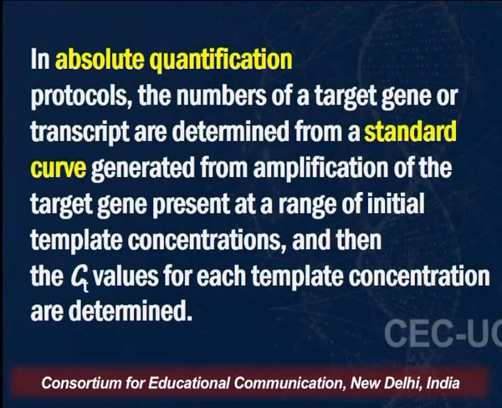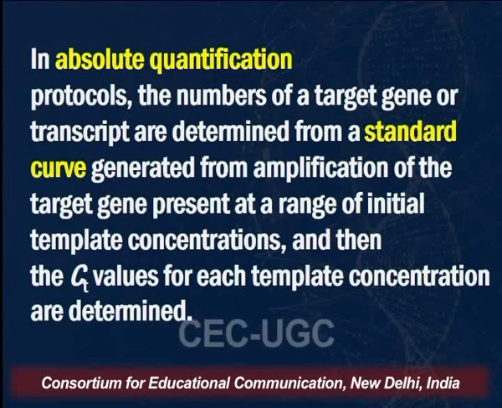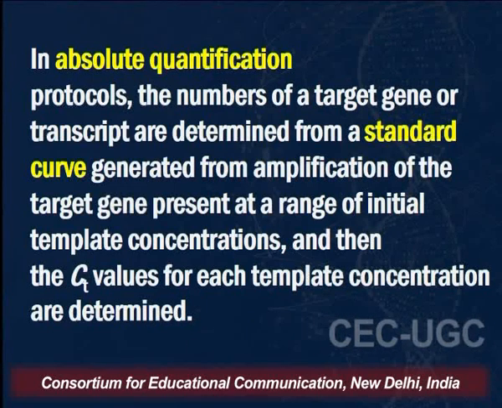What happens in absolute quantification protocols? The numbers of a target gene or transcript are determined from a standard curve that is generated from amplification of the target gene present at a range of initial template concentrations, and then the CT values for each template concentration are determined.